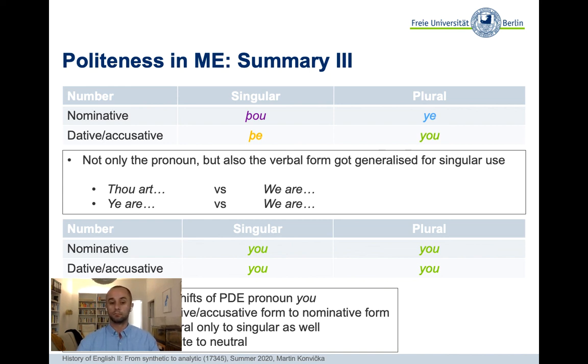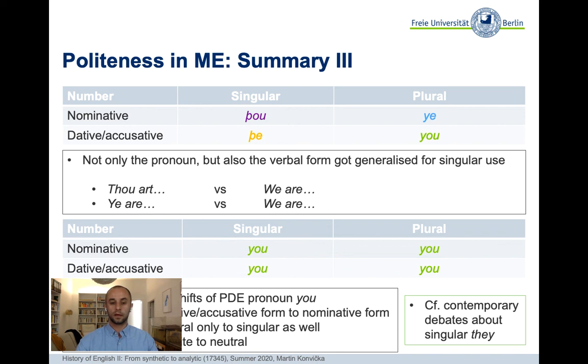Then we go from plural only to "you" being used in singular context as well. And then we also go from being polite earlier on to being neutral, right? So nowadays, even though "you" was the polite form in Middle English, it's the normal thing to do, right? So you're not being polite in English nowadays by using "you."